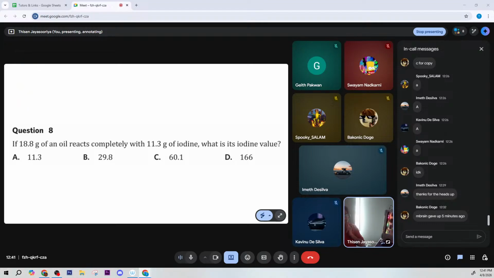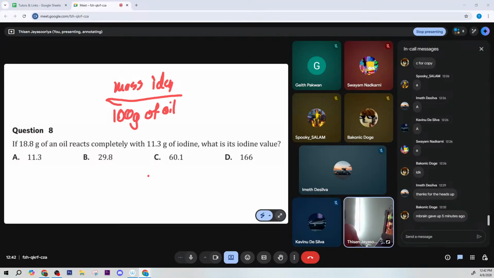I'll let you guys have a go at this one. If 18.8 grams of an oil reacts with 11.3 grams of iodine, what is the iodine value? Remember, iodine value is just the mass of iodine divided by 100 grams of the oil or fat.